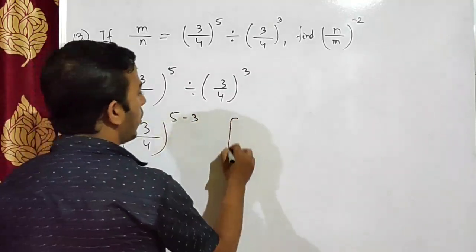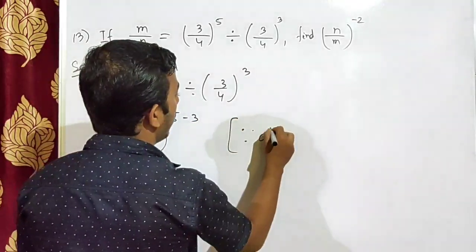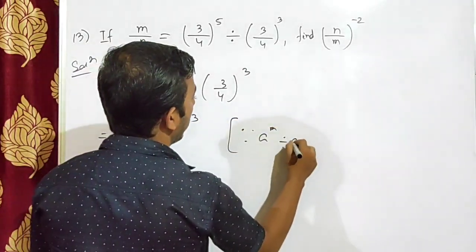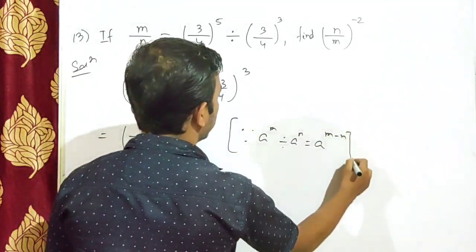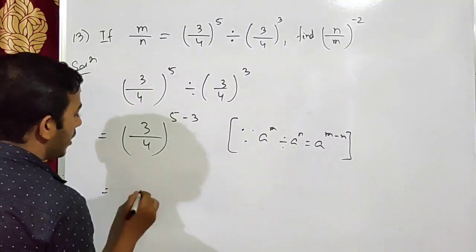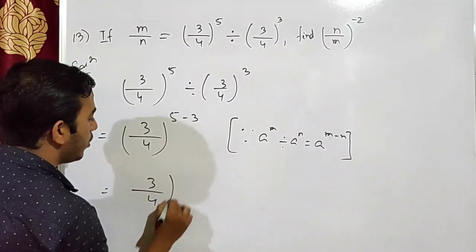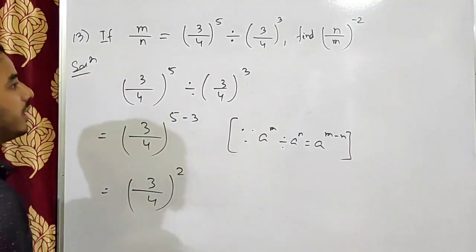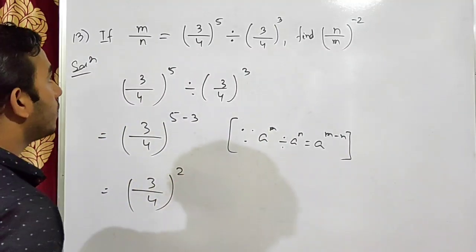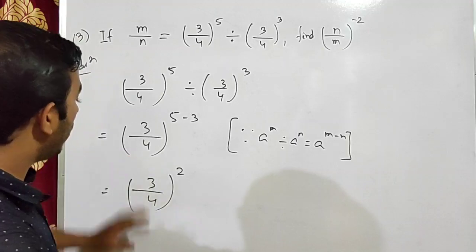Since a^m divided by a^n equals a^(m minus n). So it is (3 by 4) to the power 5 minus 3, which is 2.